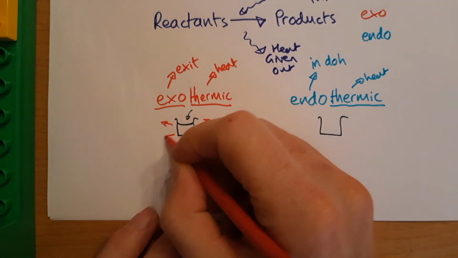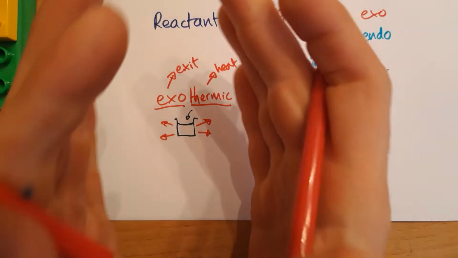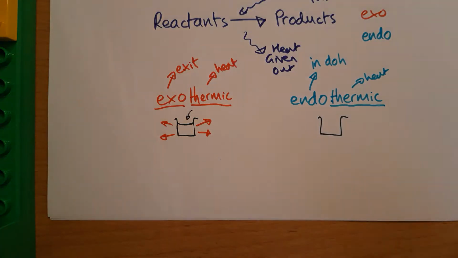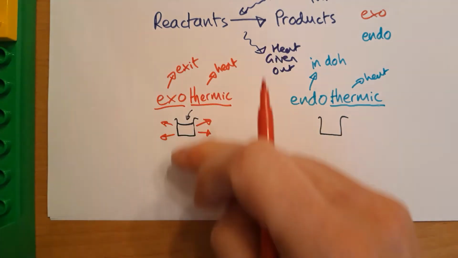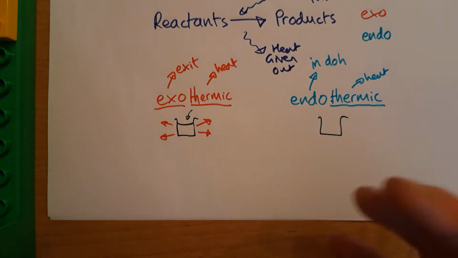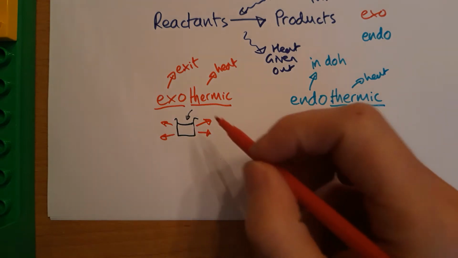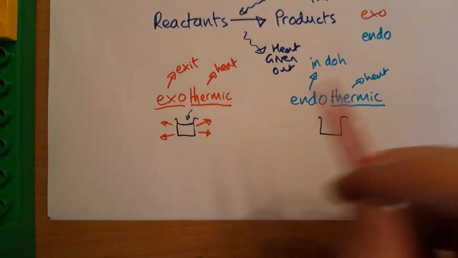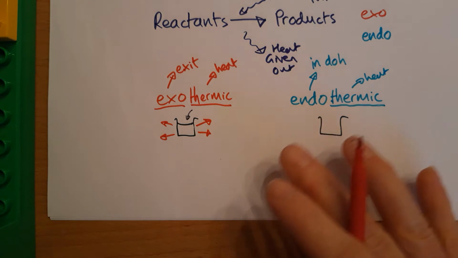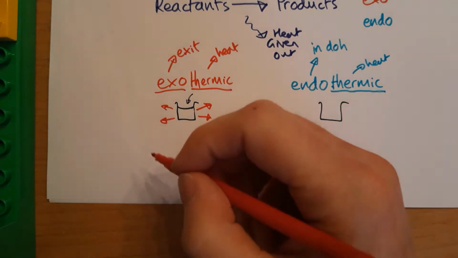Heat would exit. If you had your hands around this beaker, you would feel heat leaving. The chemicals themselves are losing heat, but because they're losing heat, they're warming up the surroundings. So if everybody in our lab had a little beaker with an exothermic reaction going on, the room would get warm.